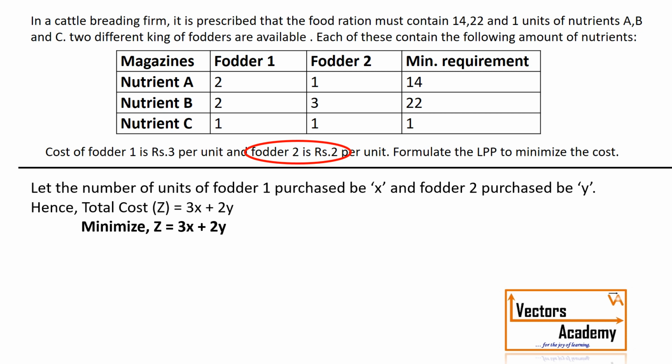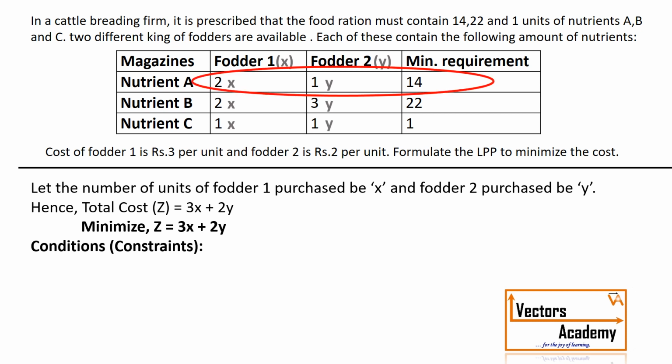Now the conditions. You can see, you can extend the table where the minimum requirement is given. The minimum requirement for the cattle is 14 units of nutrient A, 22 units of nutrient B and 1 unit of nutrient C. Now if you look at your first row of nutrient A, we get 2x plus y.